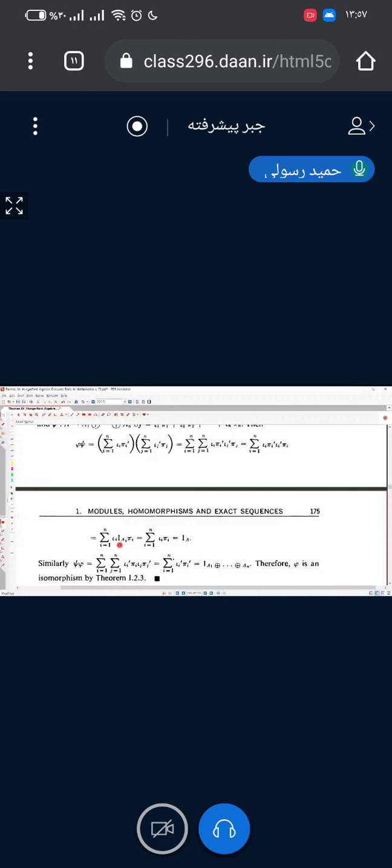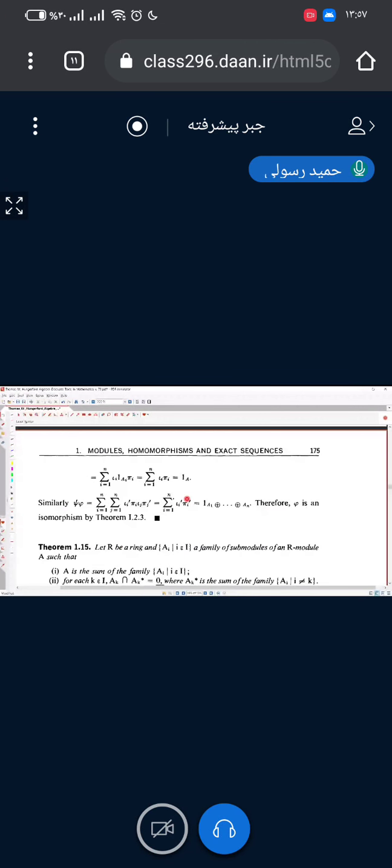So phi psi equals the identity, and similarly one can prove that psi phi is also the identity. Therefore, phi is an isomorphism, and so the proof is complete.